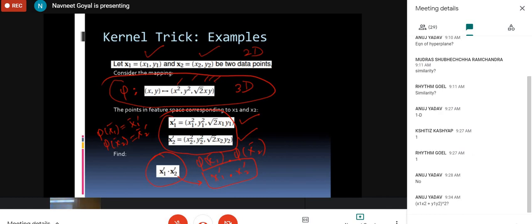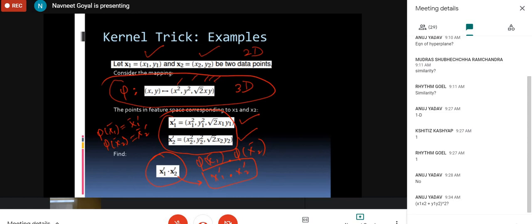So what is x1 dash dot x2 dash? Write down the terms: x1 squared x2 squared, plus y1 squared y2 squared, plus 2 times x1 x2 y1 y2.